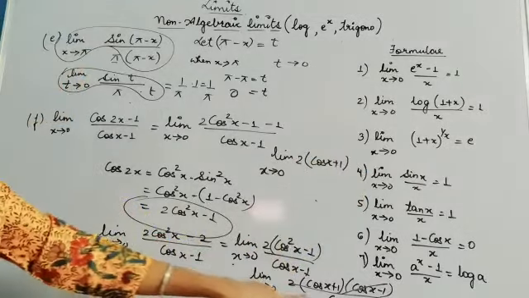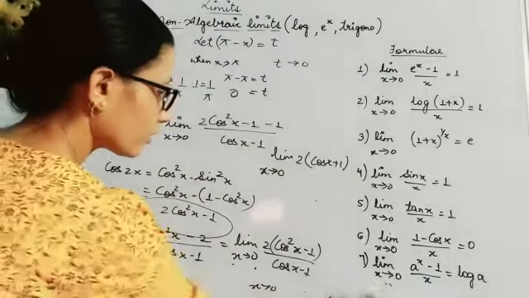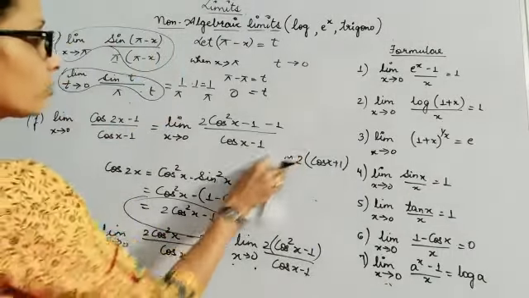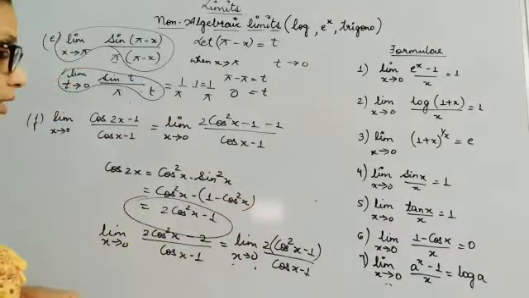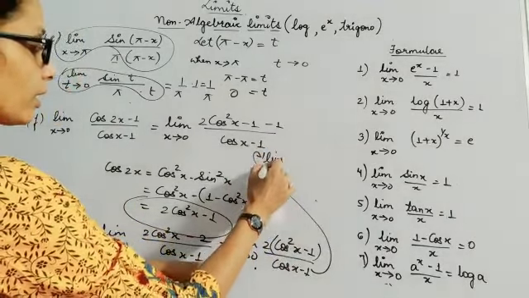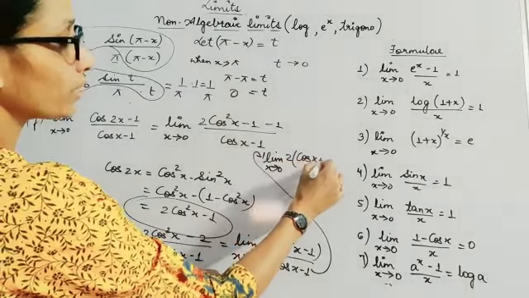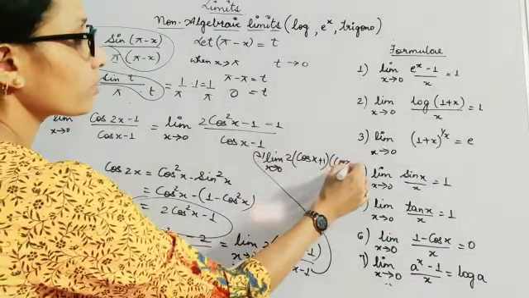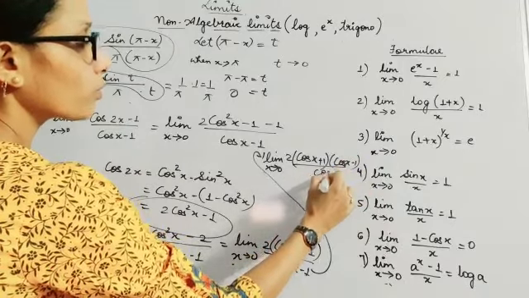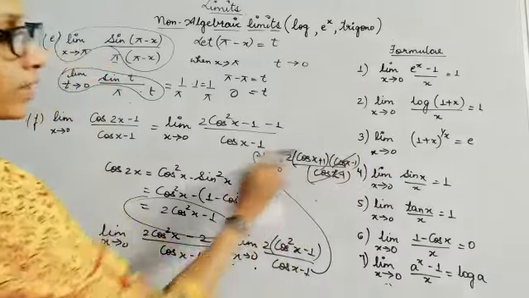Okay, you are not able to see, I will do it above only. So I write limit x tends to 0 of 2 cos x plus 1 and cos x minus 1 whole upon cos x minus 1. So this and this are gone, so you are left with this.